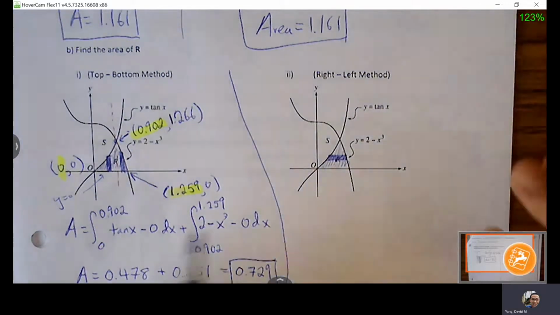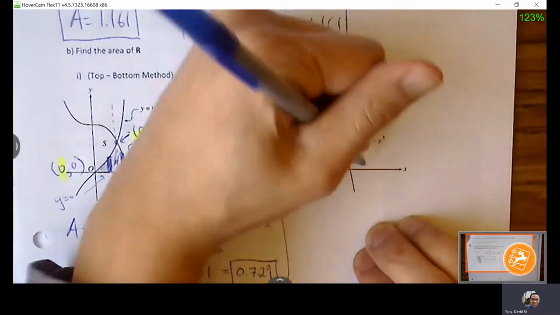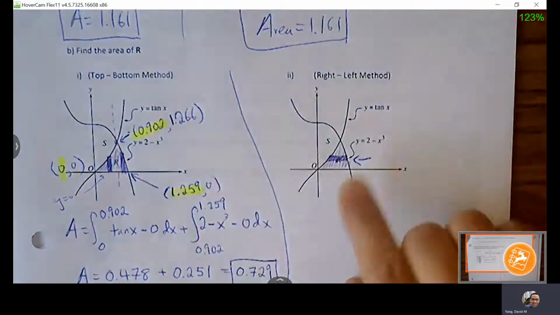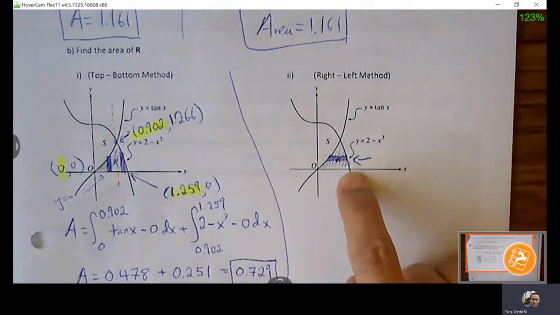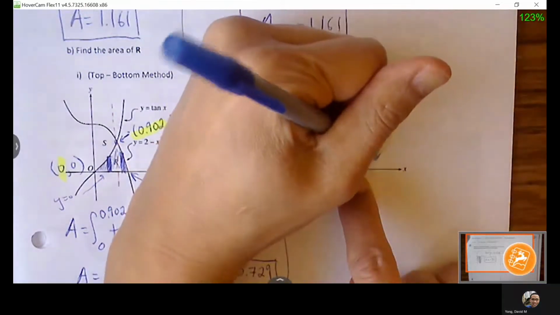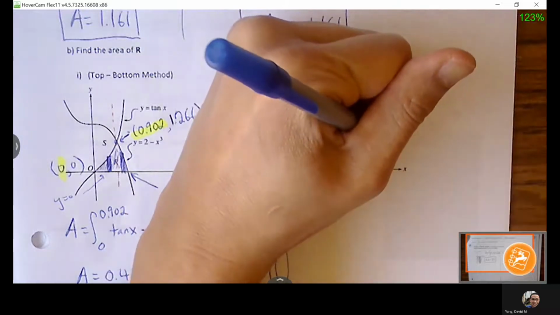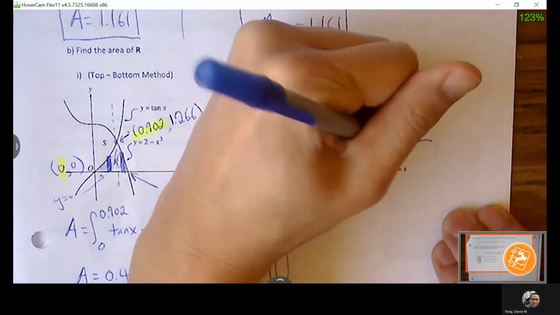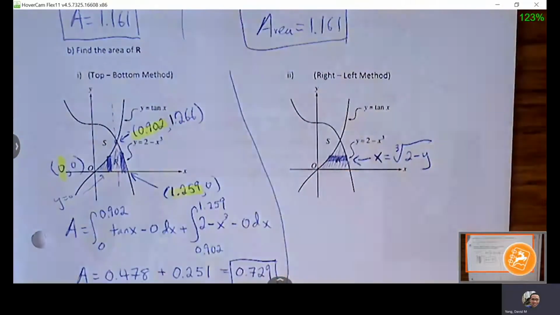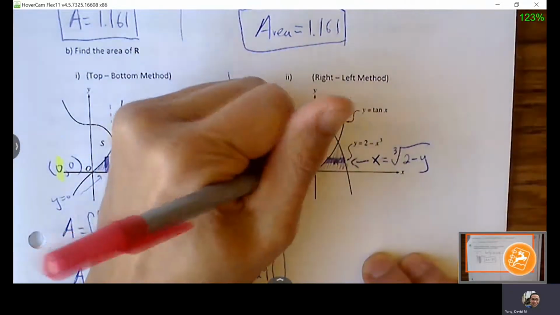Okay, so I think we have everything already, right? We have the adjusted equation for this curve on the right. We have the equation for the one on the left, right?